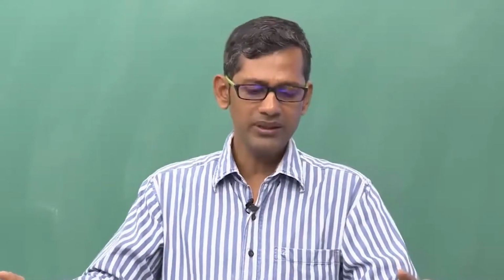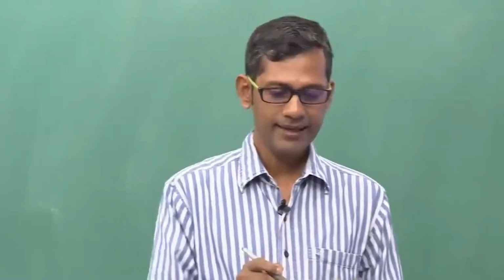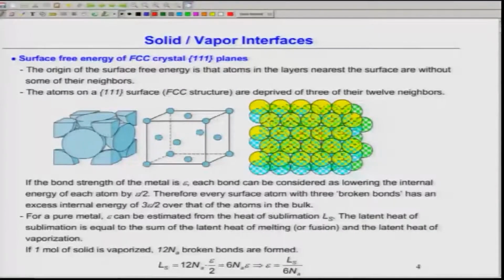Remember, any solid is always in equilibrium with its vapor. So, for surface energy, let us consider an FCC crystal, that is very easy to understand, and this is what you see here. Atoms are sitting at the face center positions, right, and let us suppose that the surface is bounded by the 111 plane of the FCC crystal structure, because the 111 plane is the densely packed plane.